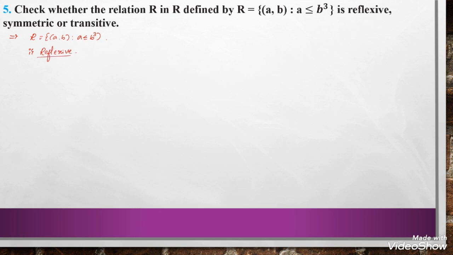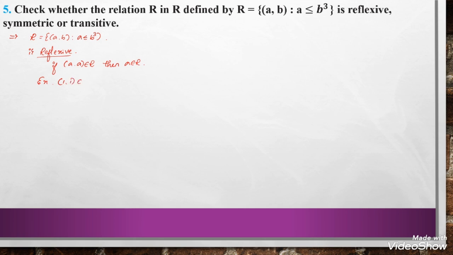Here R is the set of real numbers, so both a and b are real numbers. Now the condition: if (a, a) belongs to R, then a belongs to the real numbers. Then I will take one example.